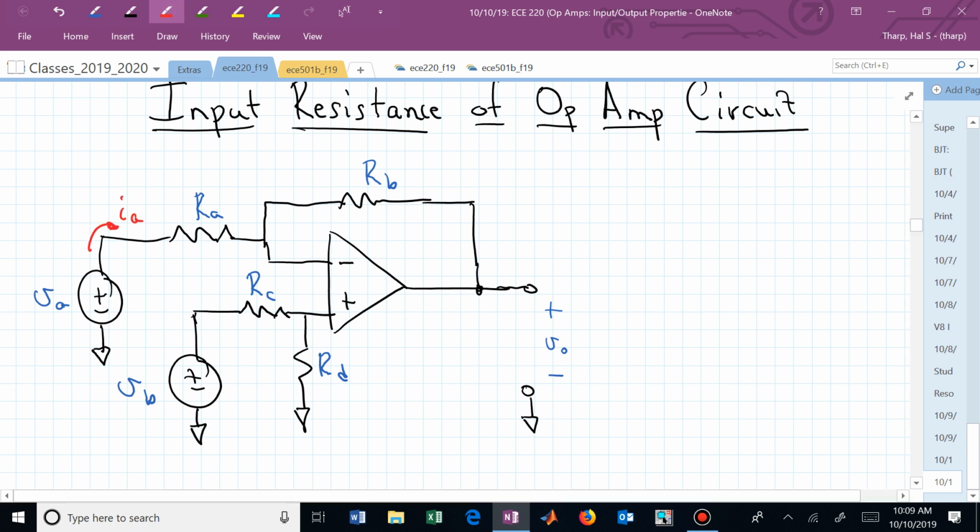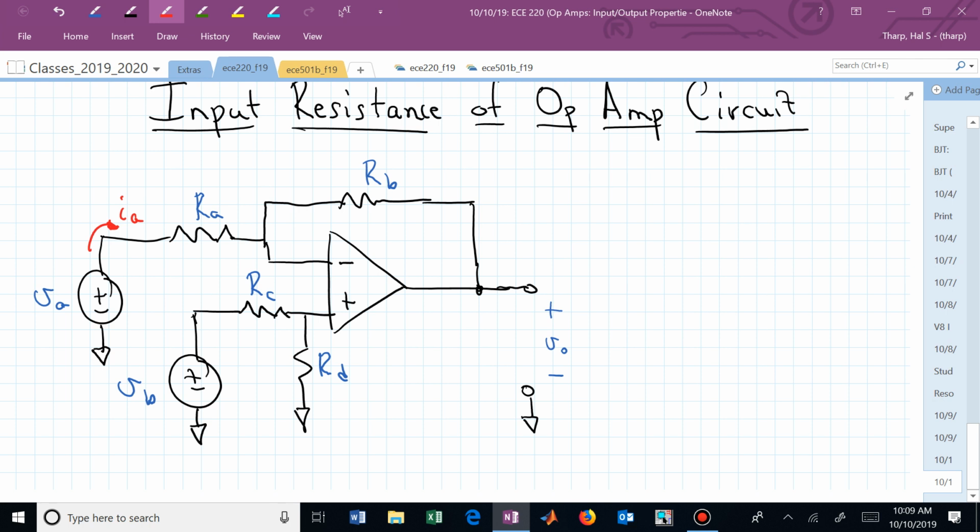Before you get too far into this, you might just say, well, wait a minute. Is there a path for I sub A to proceed, or is it trying to slam into a high impedance or a high resistance wall? In this case, you could have a non-zero I sub A. It's not necessarily 0, so you have to proceed.